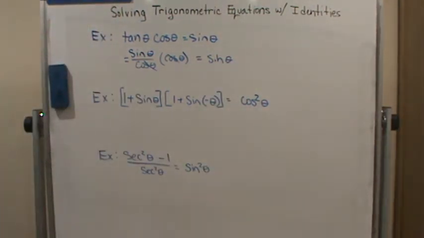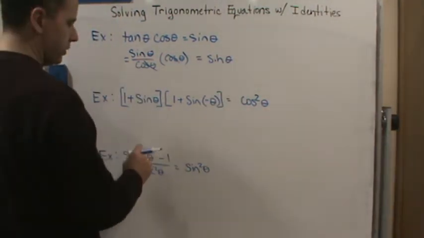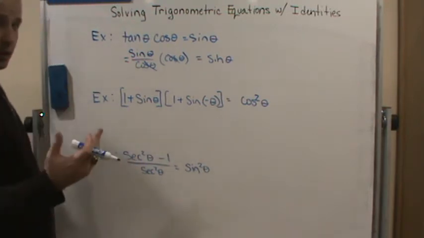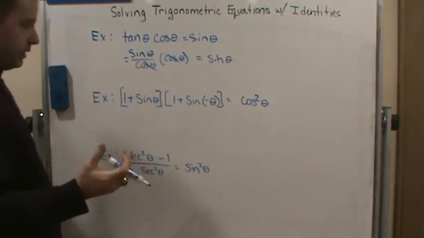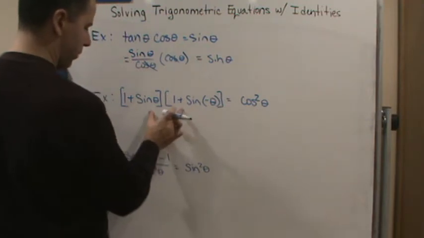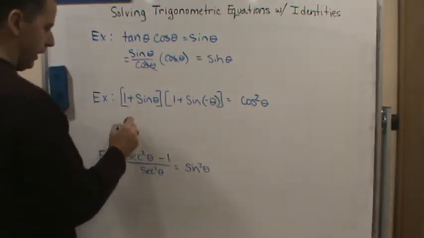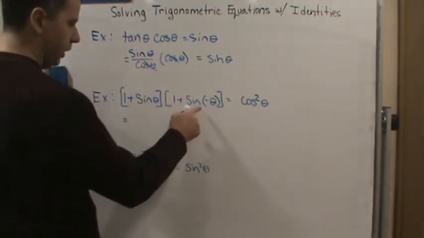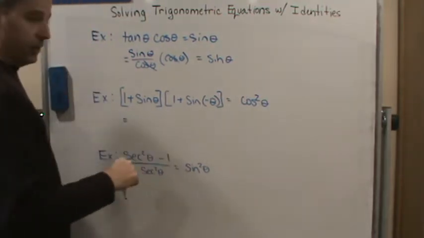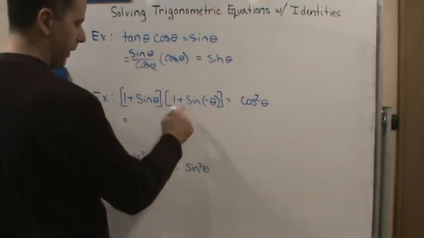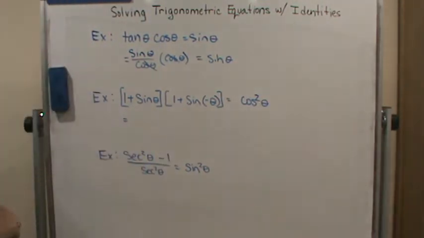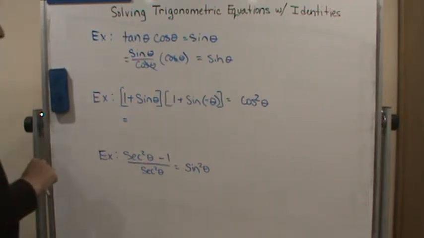Now in this second one, we're going to use the fact that we could use even and odd functions to help us get to here. So we start here, and this is equal to, well, sine is an odd function, right?